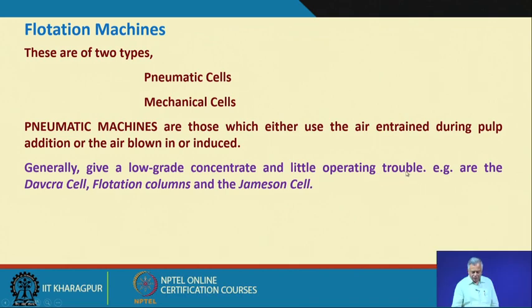It generally gives a low grade concentrate and little operating trouble. Examples are the Dorr-Oliver cell, flotation columns and the Jameson cell. These are varieties of designs, but they are basically the pneumatic cells.